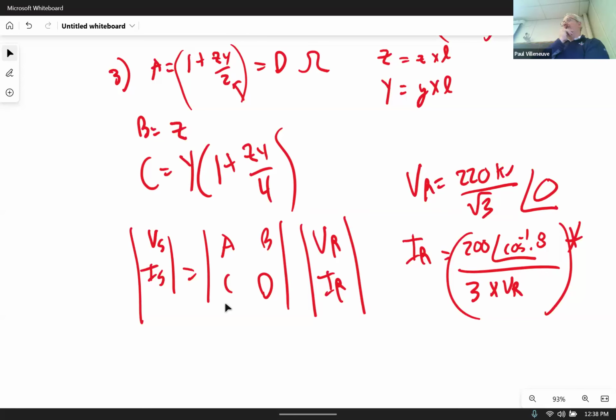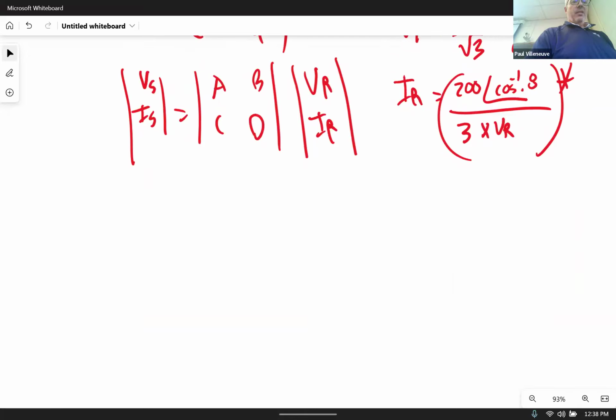Questions on all that so far? Because the next page had us doing sending end power. And again, it depends. If you left this as a phase voltage, and I'll write one phase, you'd multiply V times I conjugate, but you have to include the fact that there's a 3 in there, right?